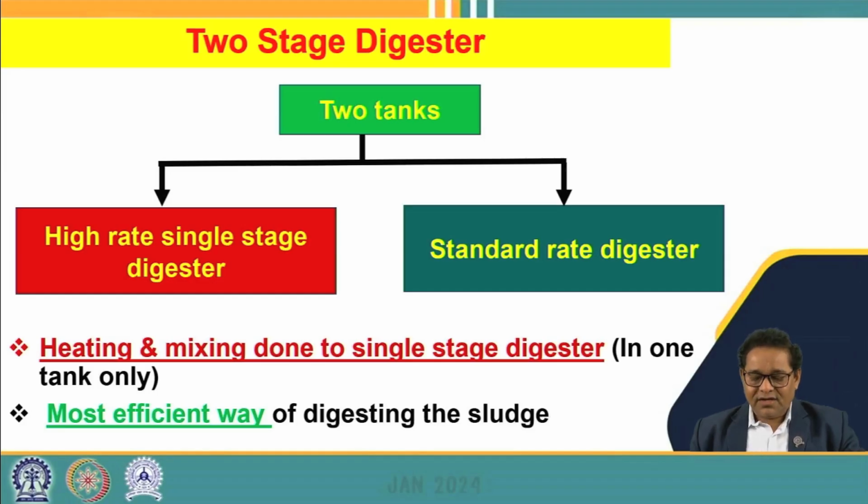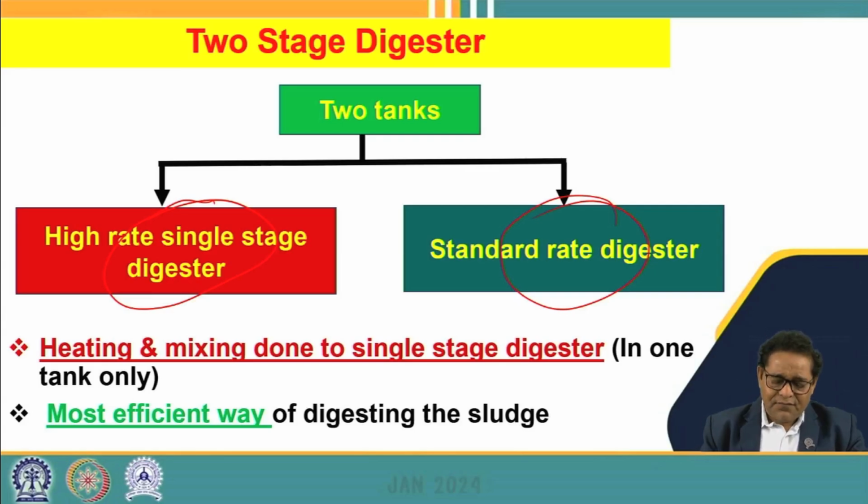Then let us see the two-stage digester, where we use two stages of digestion. In one tank we use a high rate single stage, completely mixed type of digester, whereas in the other stage we use a standard rate digester.